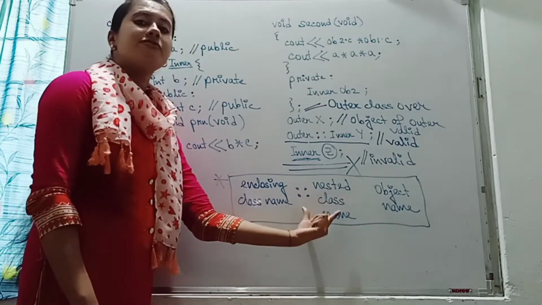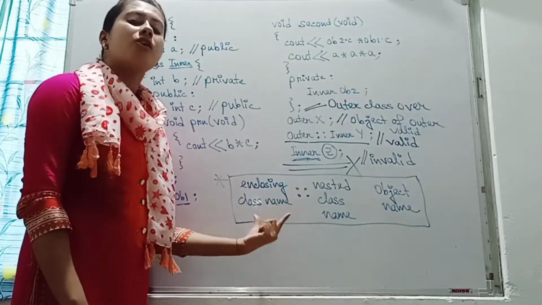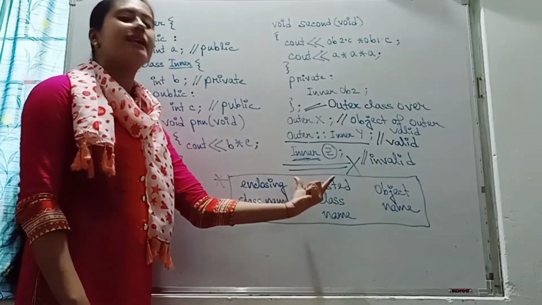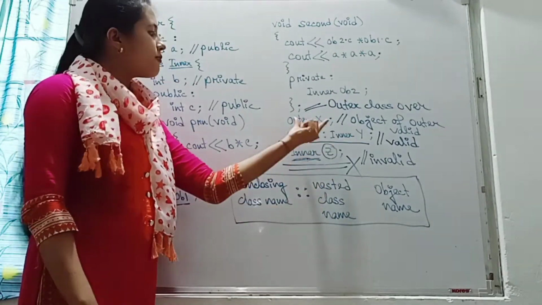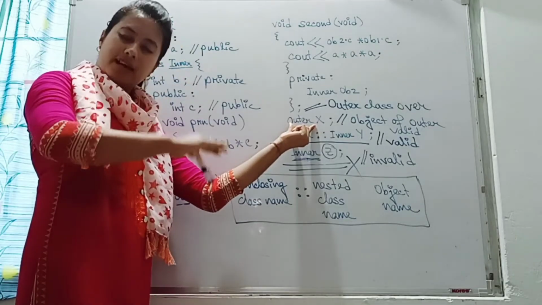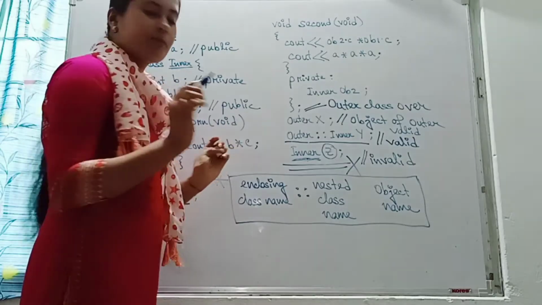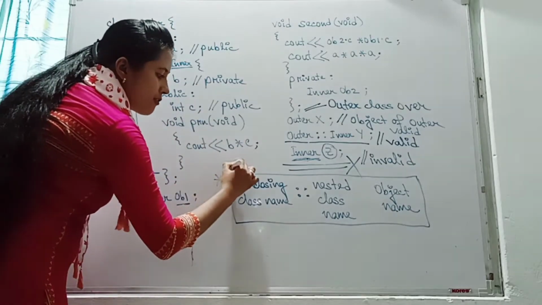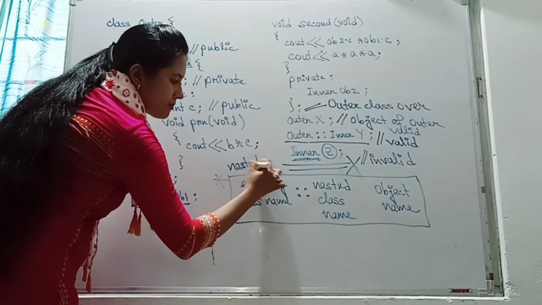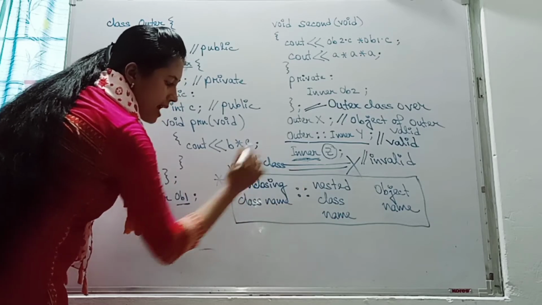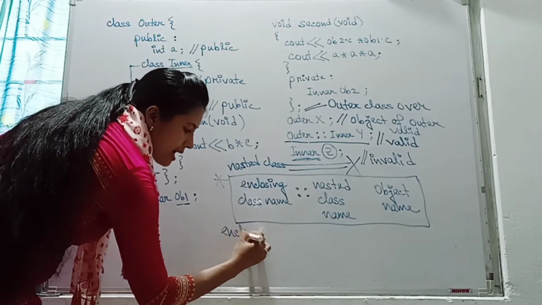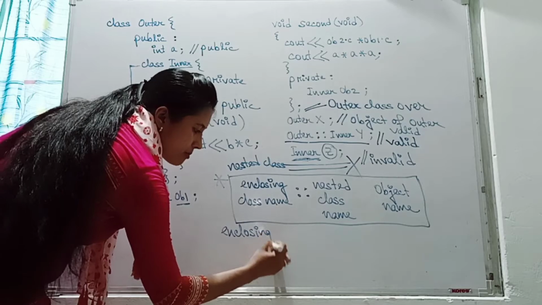Okay, whenever you are defining or declaring an object outside your class, for the enclosing classes it is not a problem. This one is only for the nested class. For the enclosing class, it will not create any problem.